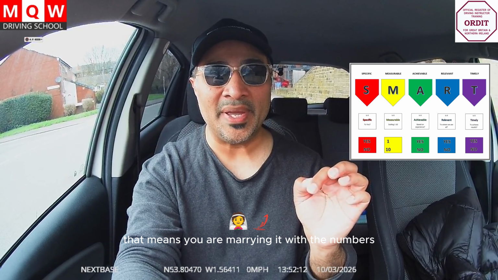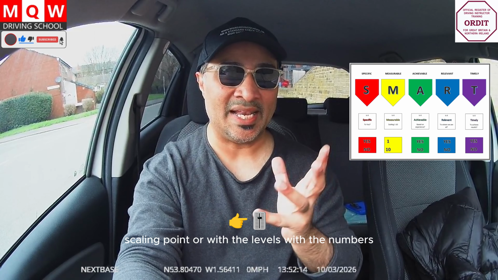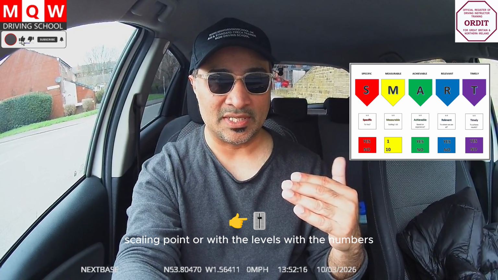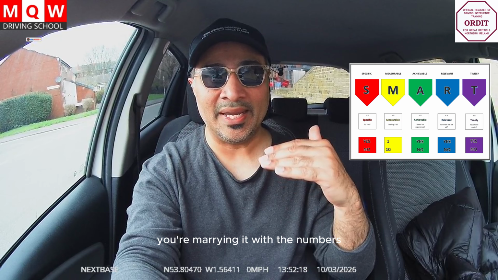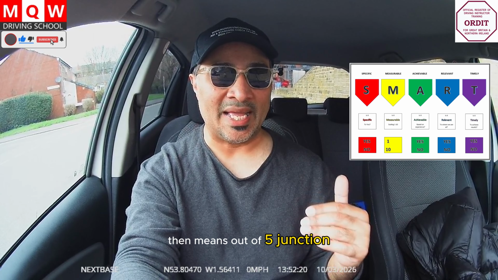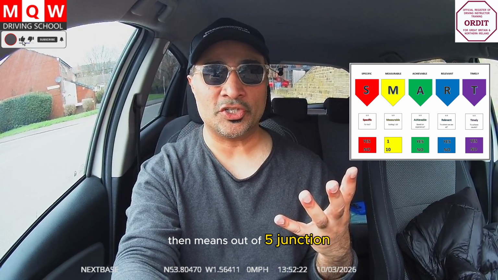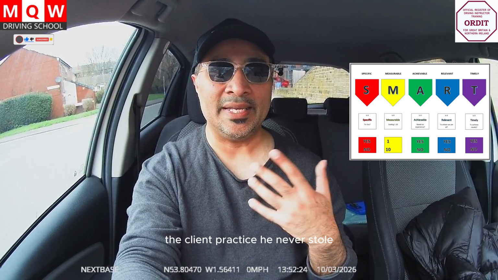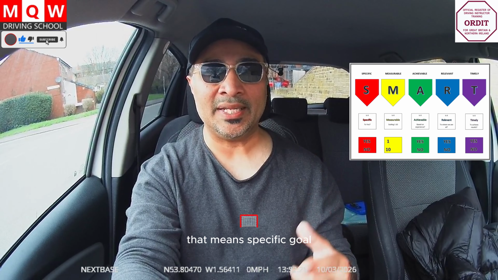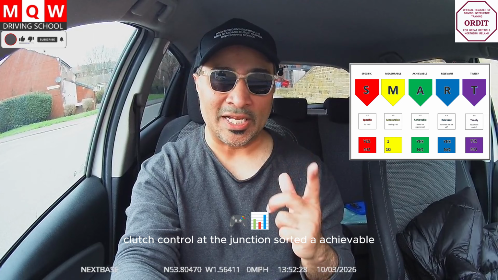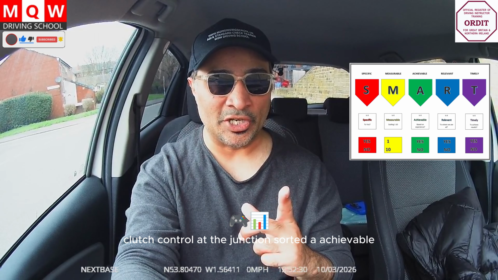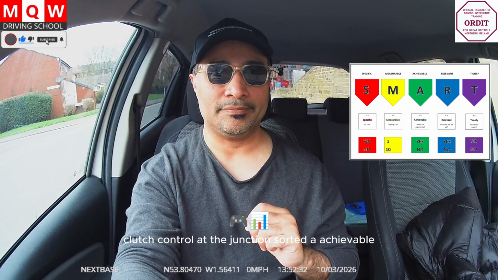You are measuring it with numbers, scaling points or levels. Out of 5 junctions the client practiced, he never stalled. That means: specific goal, clutch control at the junction. Sorted.